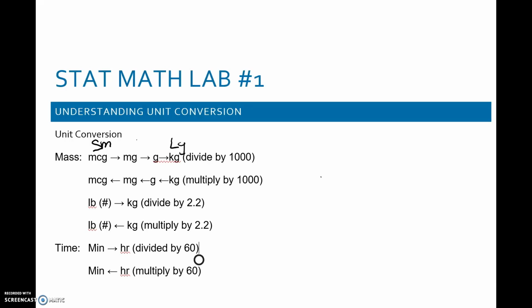So we have micrograms to milligrams. Let's just use a value. If we have 400 micrograms, which is a pretty small amount, but micrograms are very, very many in a number.